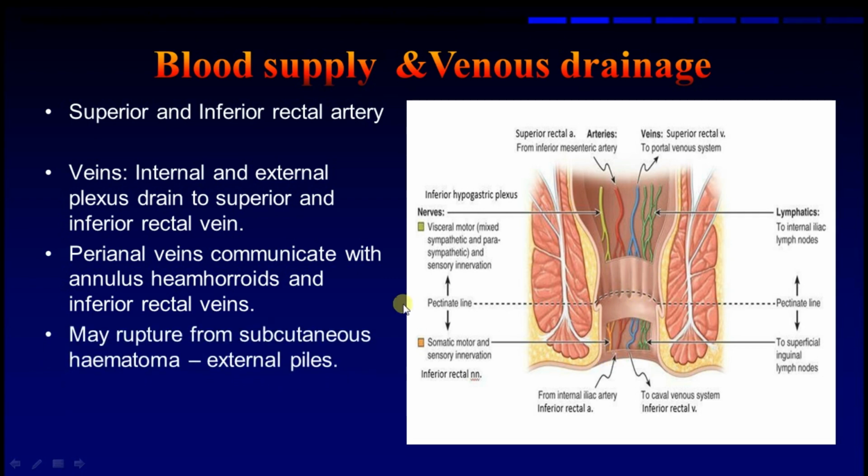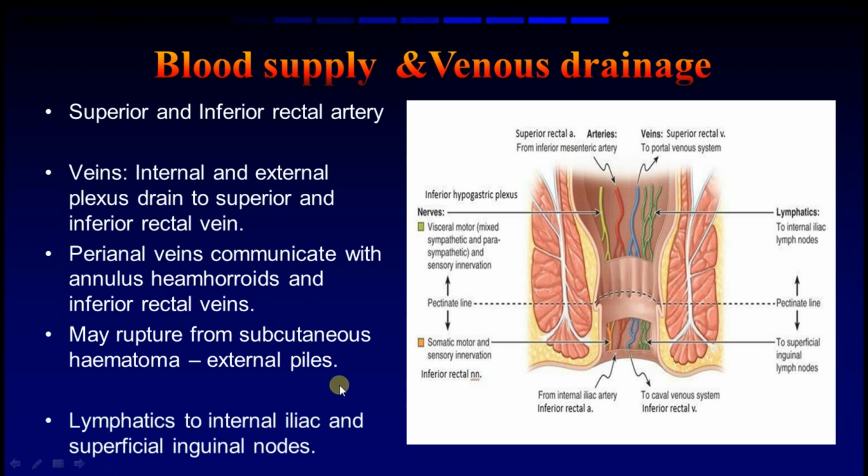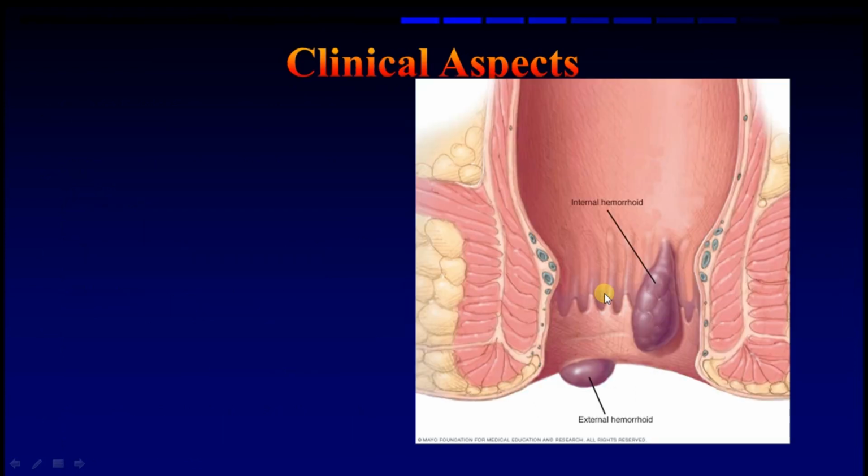So damage or rupture of the perianal veins only creates external piles. The upper part's lymphatics go to the internal iliac nodes, the lower part to the superficial inguinal nodes below the pectinate line. We have seen all this in the pectinate line. The same features are repeated as blood supply and lymphatic drainage.